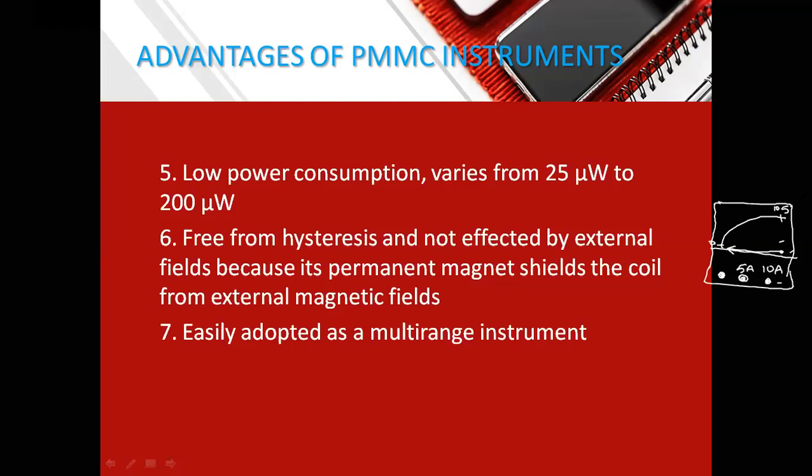That means the same measuring instrument can be used to measure currents of range 0 to 5 and also currents of range 0 to 10. If you want to measure currents of range 0 to 5, you have to connect it across these two terminals.